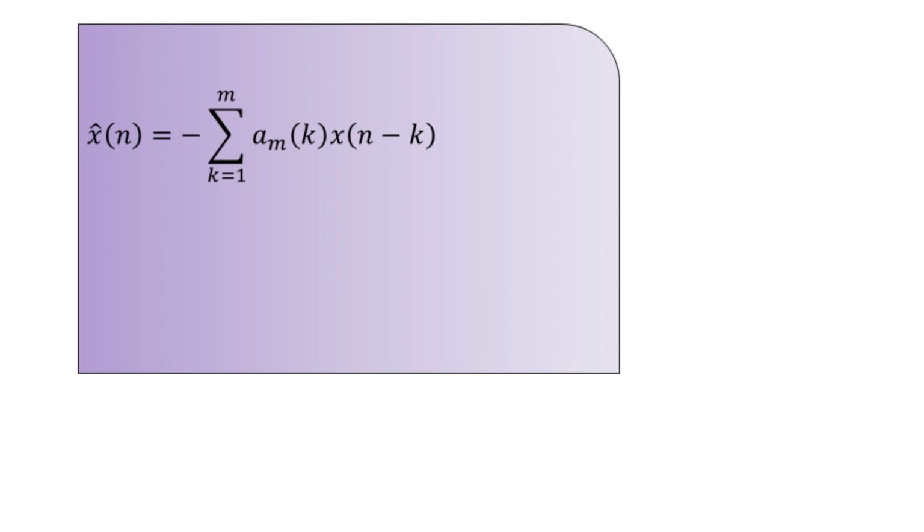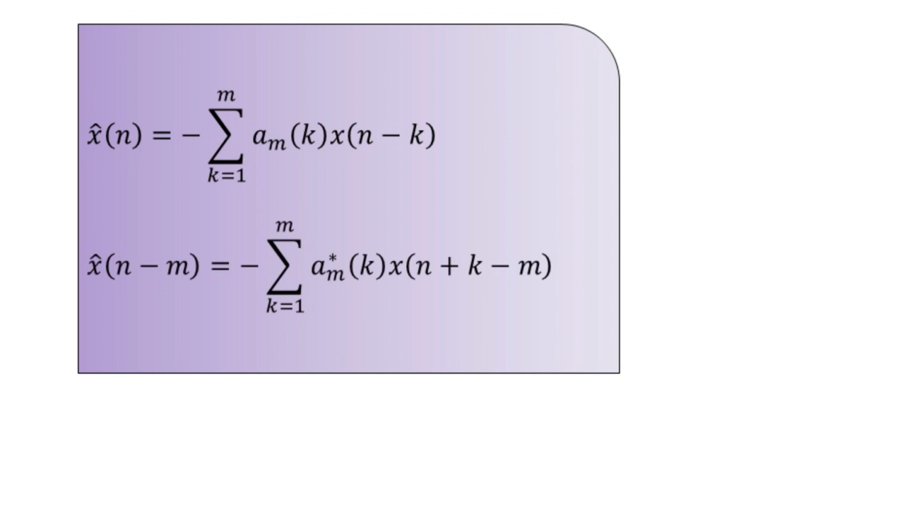Next to that, we can also express x cap of n minus m is equal to minus the summation k is equal to 1 to m of the conjugate of a suffix m of k multiplied by x of n plus k minus m here. So here the corresponding forward and backward errors, f suffix m of n and g suffix m of n, are defined by the expressions.